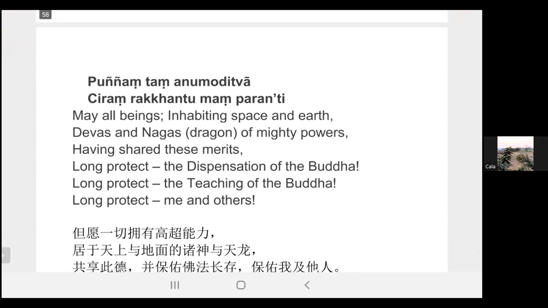Okay. May all beings inhabiting space and earth, devas, nagas, and dragons, of almighty powers, having shared this merit, long protect the dispensation of the Buddha, long protect the teaching of the Buddha, long protect me and others.